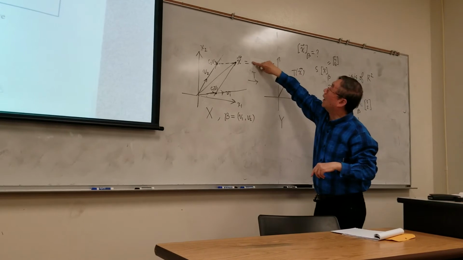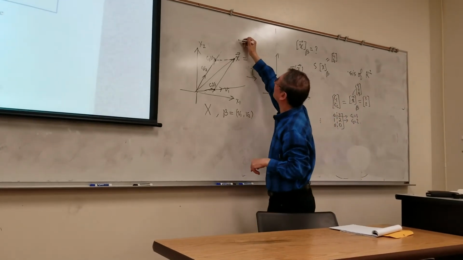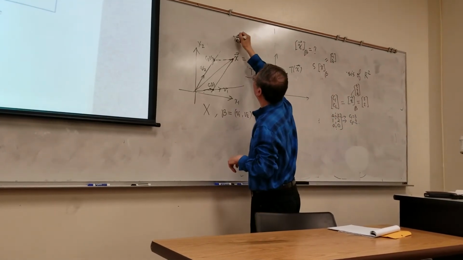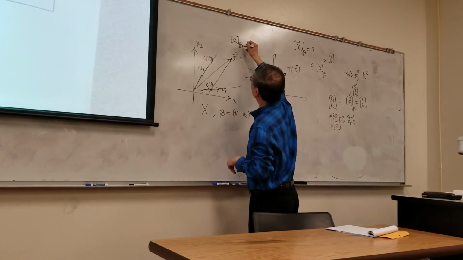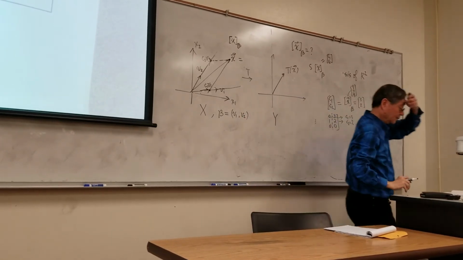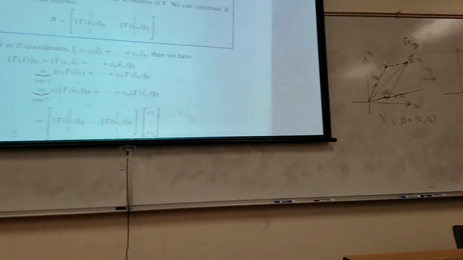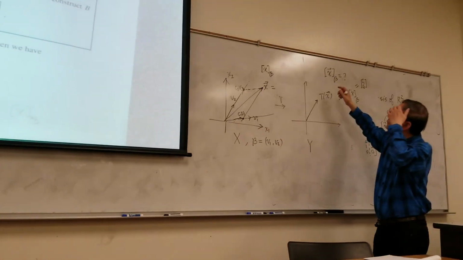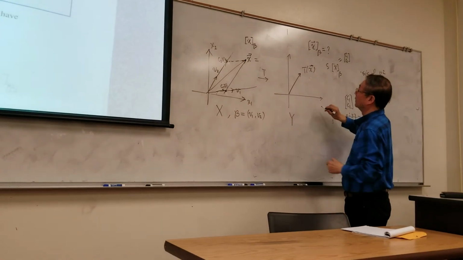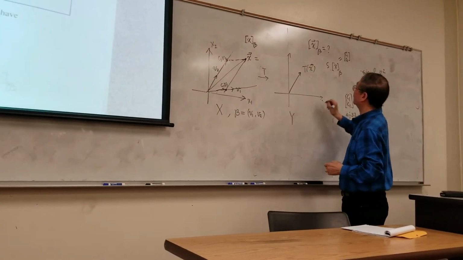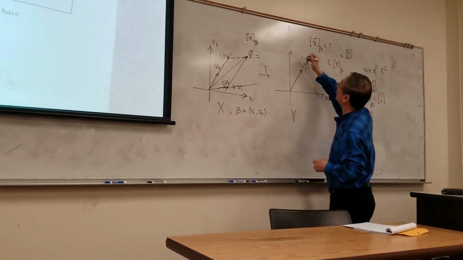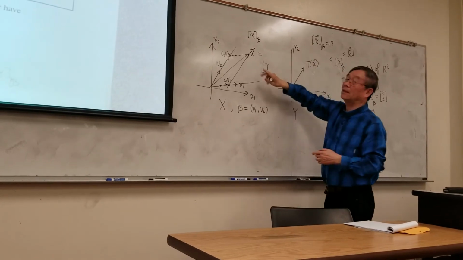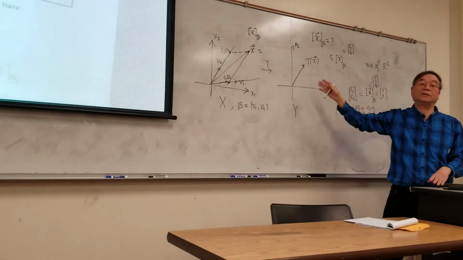So x has coordinates relative to B. In this case, I still use x1 and x2. It is like from R2 to R2.